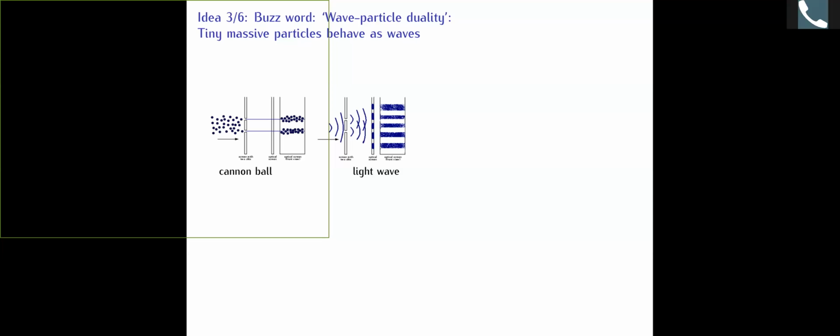And maybe you have seen that something slightly different happens with waves. For instance, light waves. If you put a flashlight through a wall with 2 slits, and then you have a screen at the other end, and try to see where light ends up after going through the slits, what we see is actually very different from the cannonball picture.